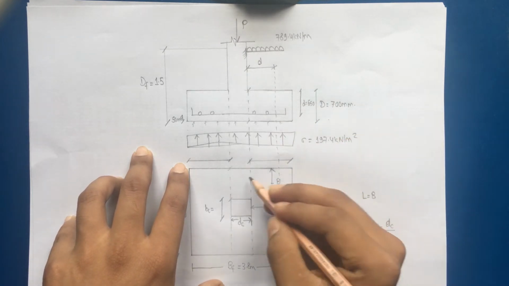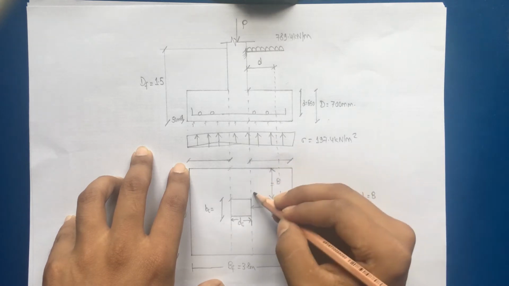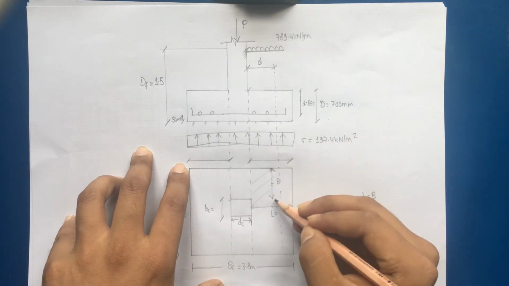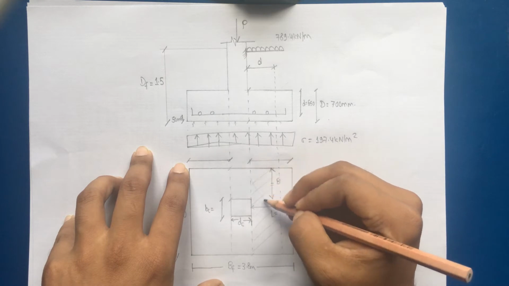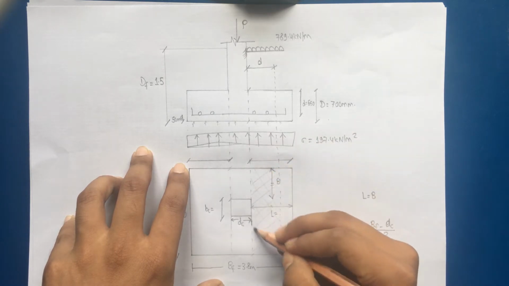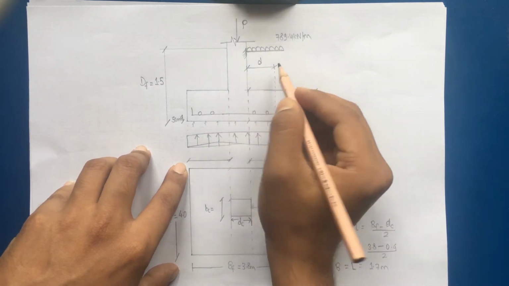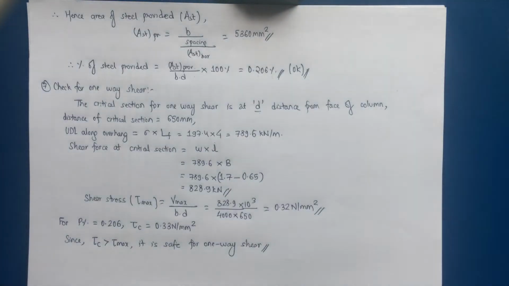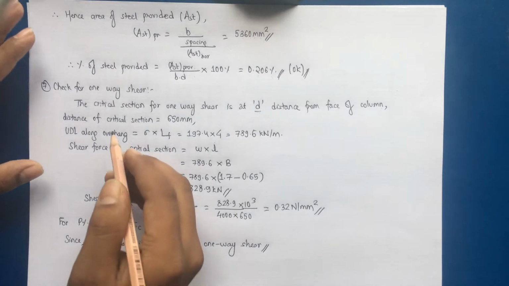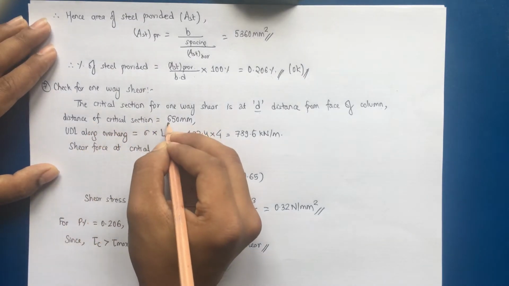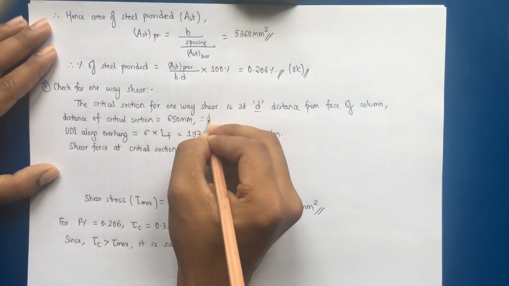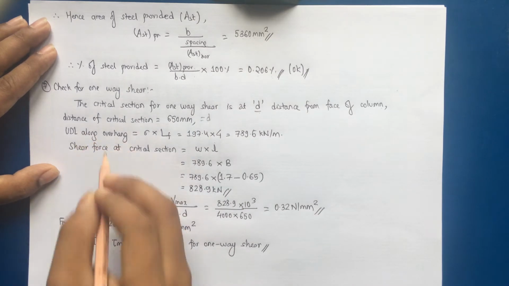This being the critical section, the failure occurs at a distance d. So the distance of the critical section is equal to 650 mm, which is equal to d, and UDL along the overhang.